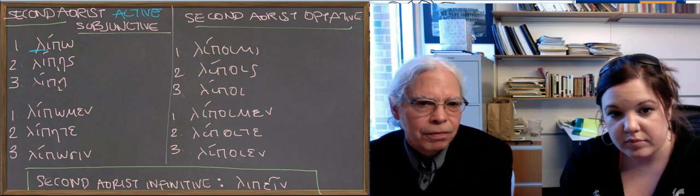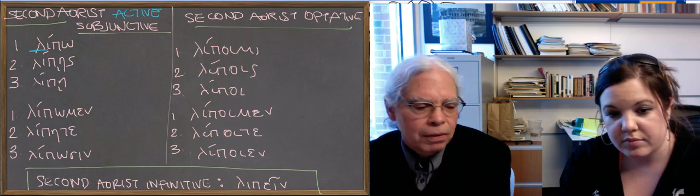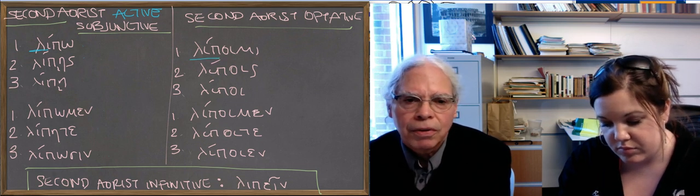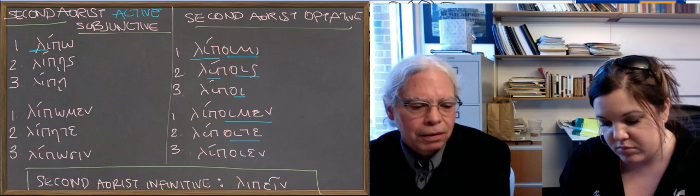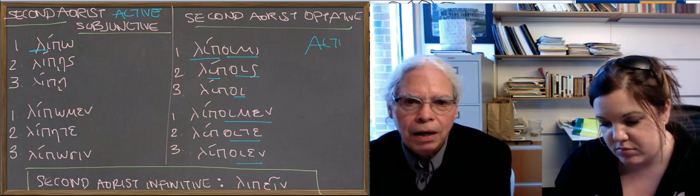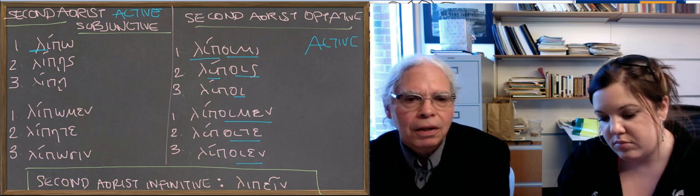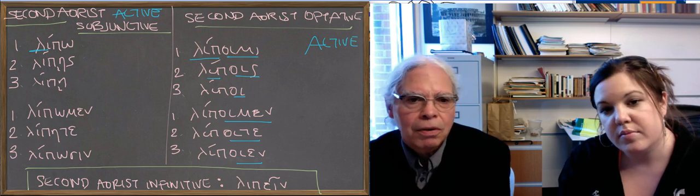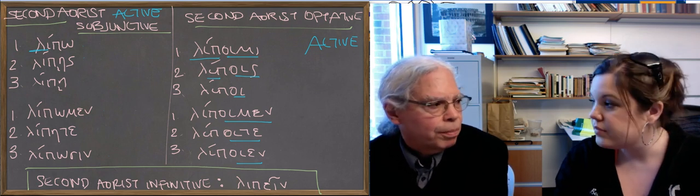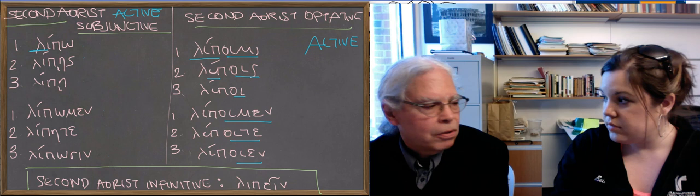In the optative, you remember, the thematic vowel is always O, so you've got lip plus O, plus the iota, that's the sign of the optative, plus the same endings as you have in the active optative, present. So lepoime would be the active present optative, and lipoime is going to be the aorist one. So these forms are the same as the present forms, except for the change in the stem vowel.